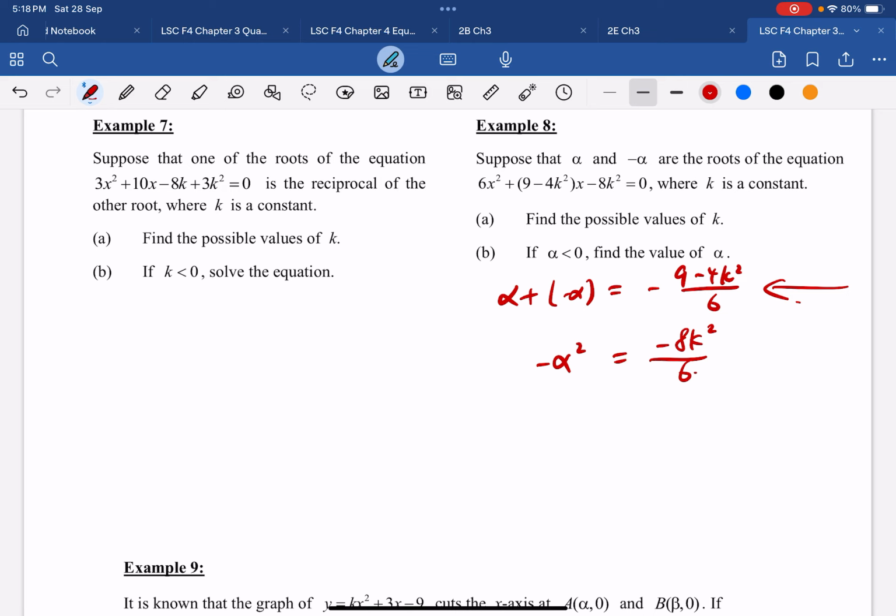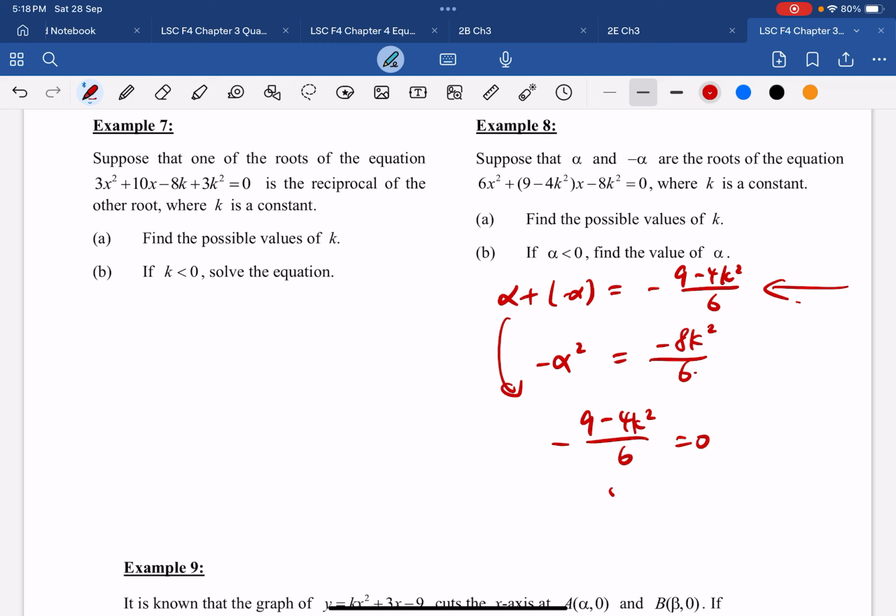But if you use the lower equation, like negative alpha squared equals negative 8k squared divided by 6, then it may be more troublesome to solve the equation since you have something like a square. 即係睇你醒唔醒目咯，你用邊條去揾個 k 啊？今次梗係揾上面嗰條啦，因為你 alpha 加負 alpha 咁係0度啊嘛，咁你易啲減嗰條式係咪？So which means negative k minus 4k squared divided by 6 is 0.